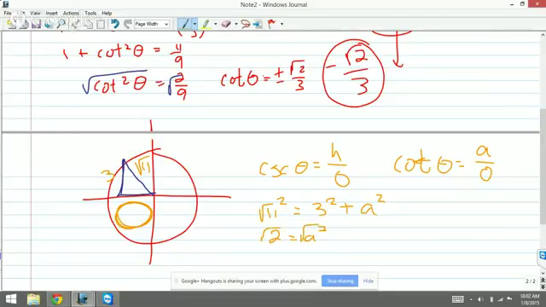Take the root there, of course, and you get positive or negative root 2 is A. Okay, which one is it? It's an x value. To the left is negative. So x values are negative here, positive here. Y values are negative here, positive here, right? So we need negative root 2.